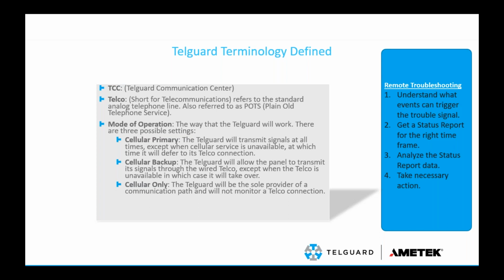So if we're not picking up the voltage of that phone line, we're going to create an LFC, or line fault condition. So it's very important to understand if you should be in primary backup or cell only. Cell only, if you're doing SolPath and you're enabling supervision, is going to be the mode of operation that you're going to use.